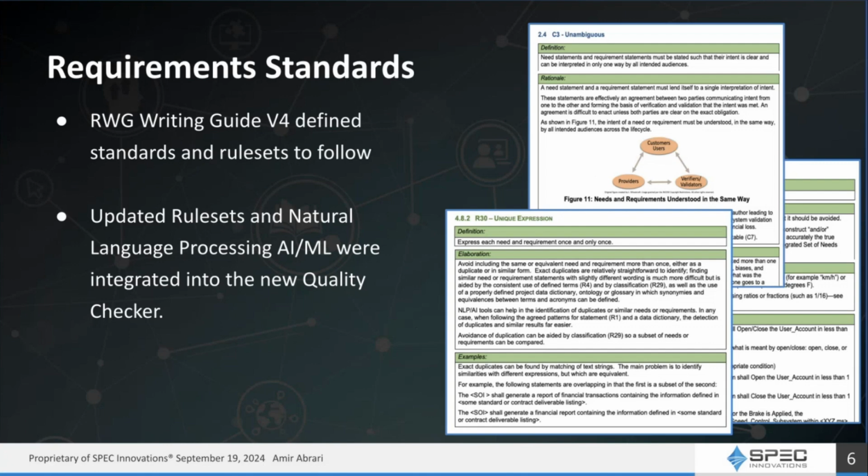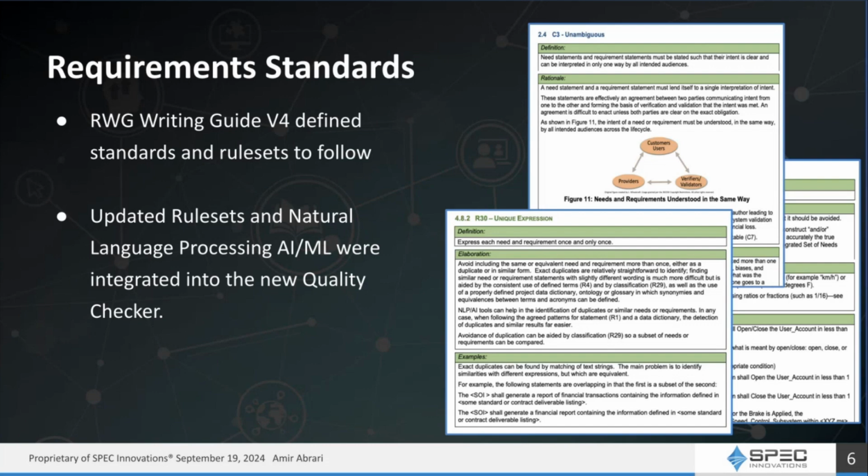They had a definition, elaboration, and rationale, and showed some examples. In some scenarios, with their rule sets, they provided a word bank of words that they would require to be used as rules. As a result, we were able to take some of these word banks and rules and apply them in our natural language processing on our backend and our quality checker.